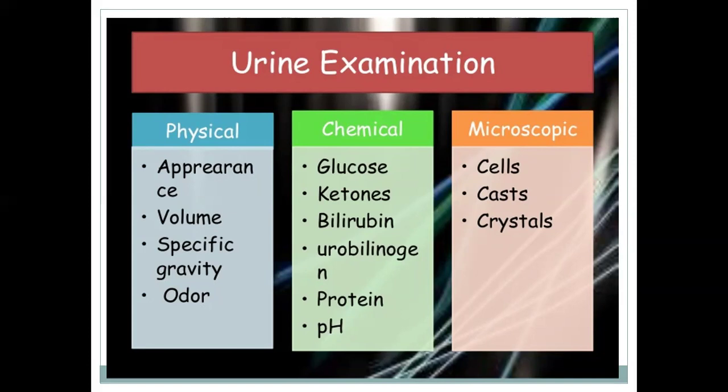Then specific gravity. Normal specific gravity of urine is 1.015 to 1.025.